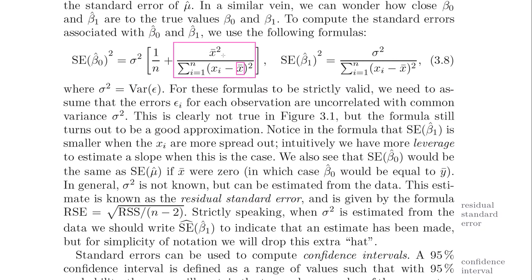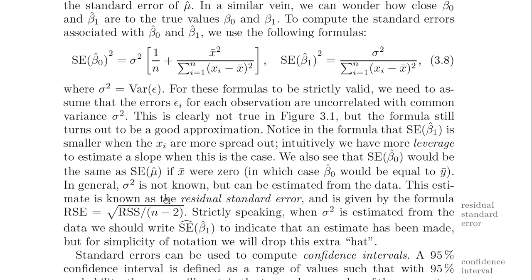Not entirely following. We also see that, oh right, because this x bar would be 0 as well. Yes, okay, I didn't pay attention to the numerator. If x bar were 0, if the mean of the x data values is 0, this numerator is 0. 0 divided by anything, as long as you're not dividing by 0, is 0, and you just have sigma squared over n.